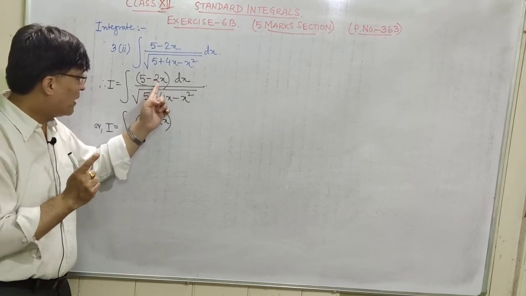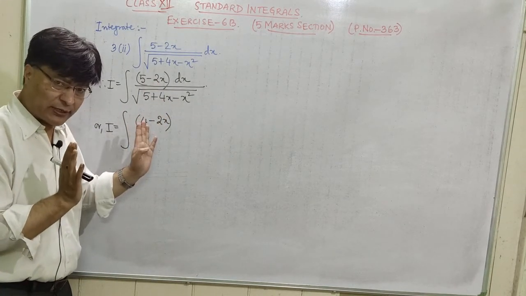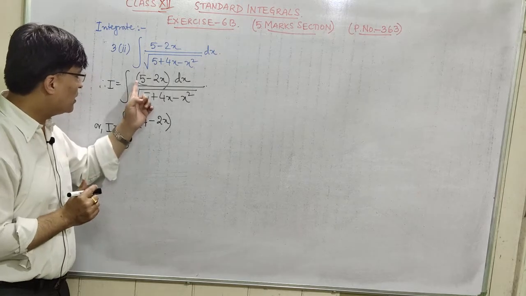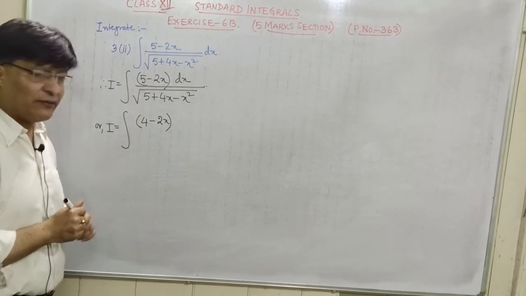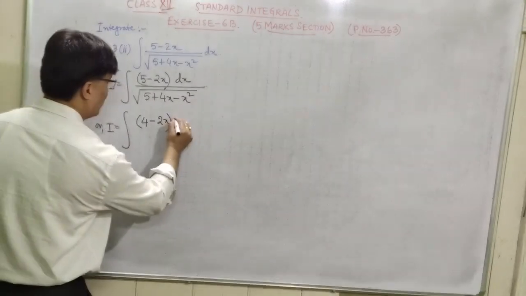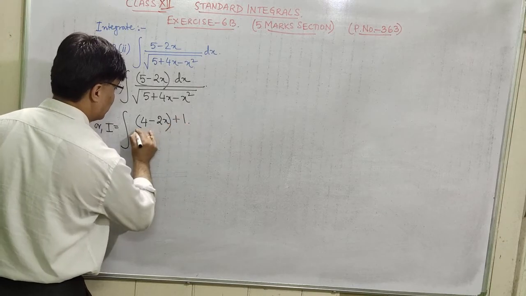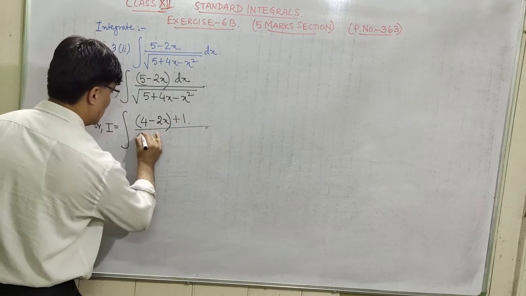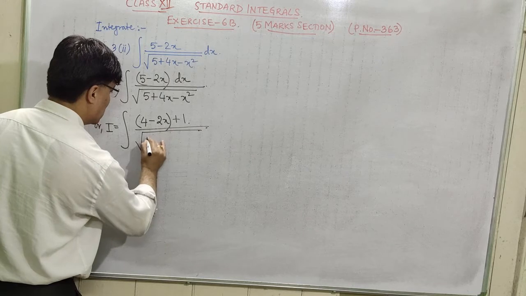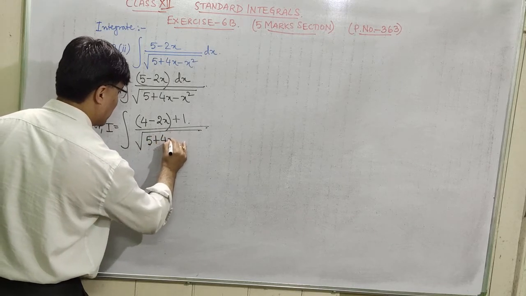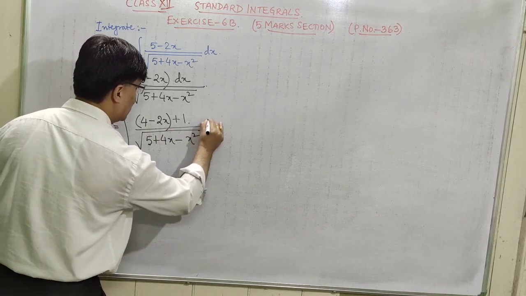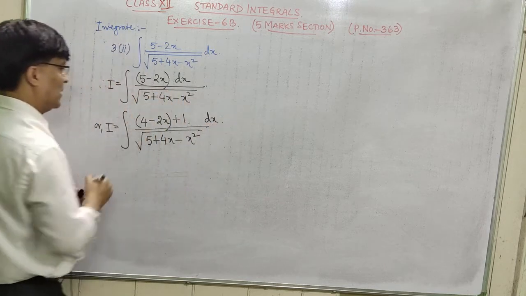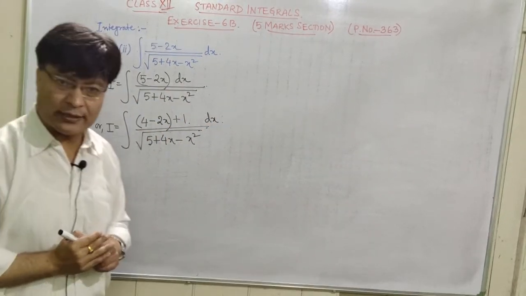Okay, so minus 2x is correct, that is variable is correct, but there is 4, but here we have 5. To make it 5, what will you write? 4 plus 1 is 5 divided by within square root, this is 5 plus 4x minus x square, then what do we write? dx. Is that clear?